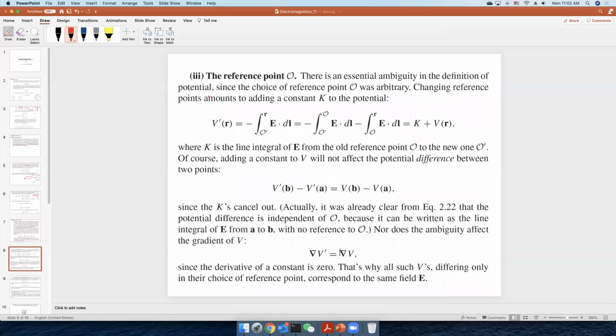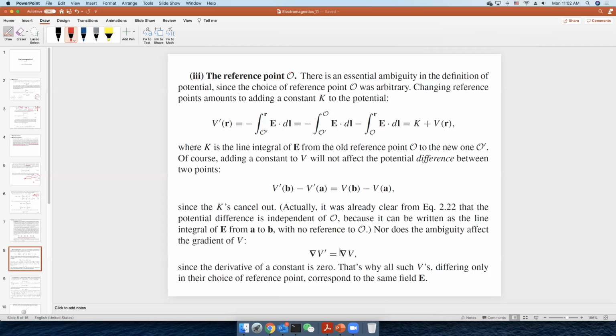Okay, next, the reference point. When you calculate the difference of the potential between two points, let's say A and B, it doesn't matter which reference point you choose. For example, you can choose the reference point to be some position, let's say phi.